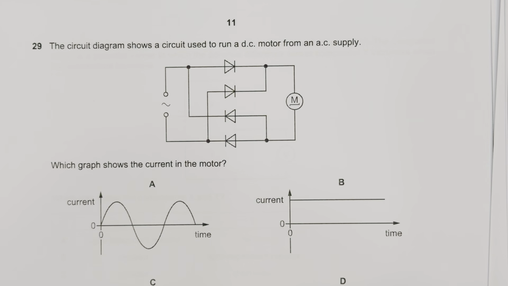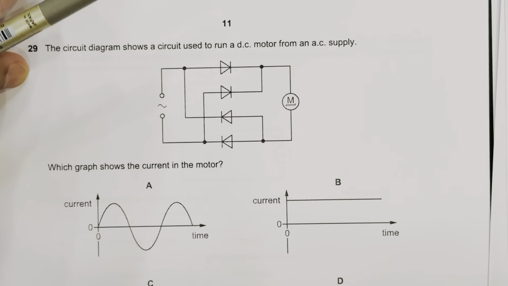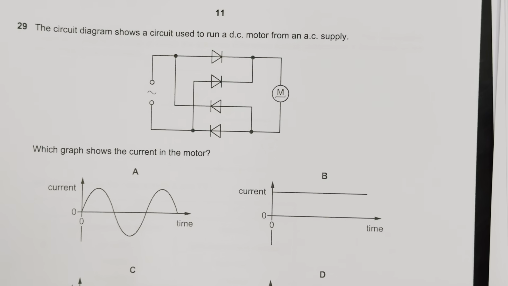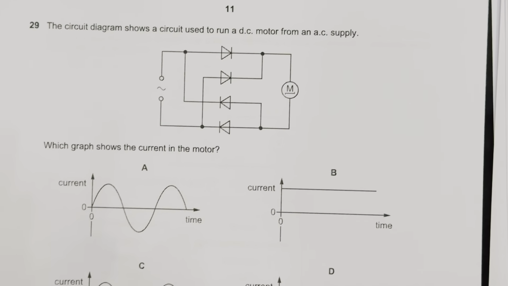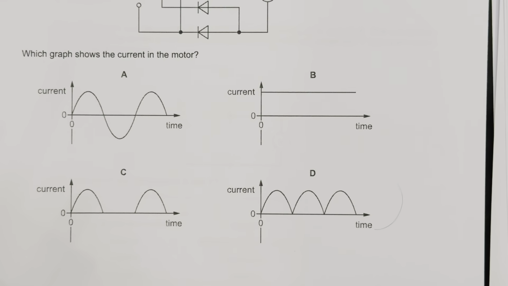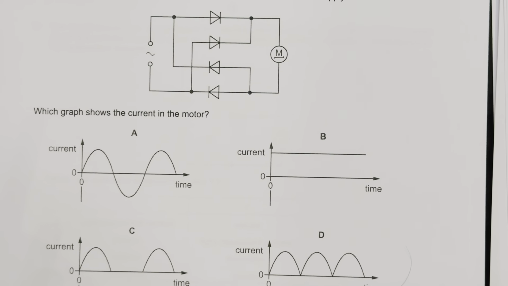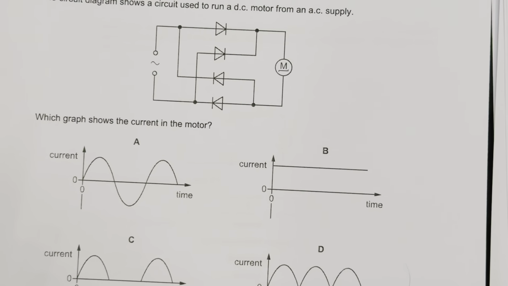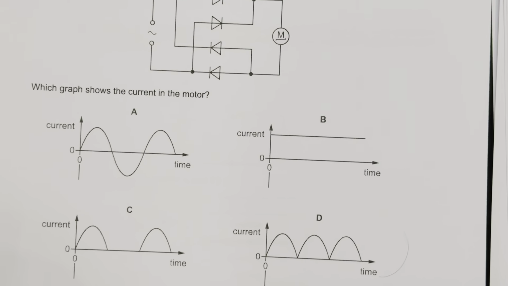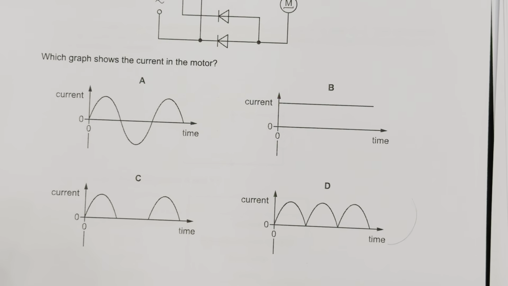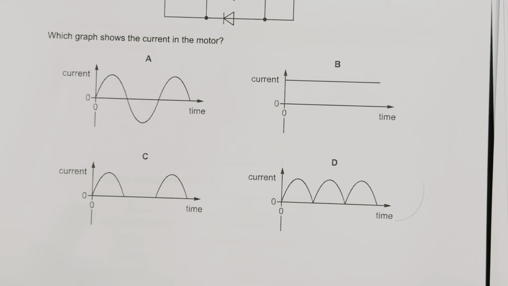Moving to question number 29. Question 29 shows a circuit diagram of a circuit to be used to run a DC motor from an AC supply. The graph shows the current in the motor.